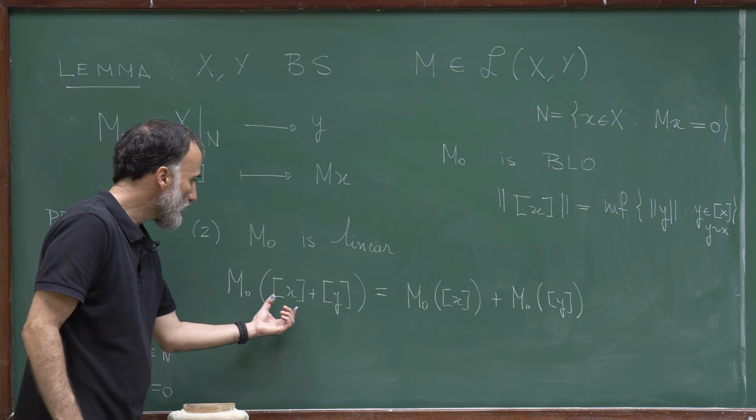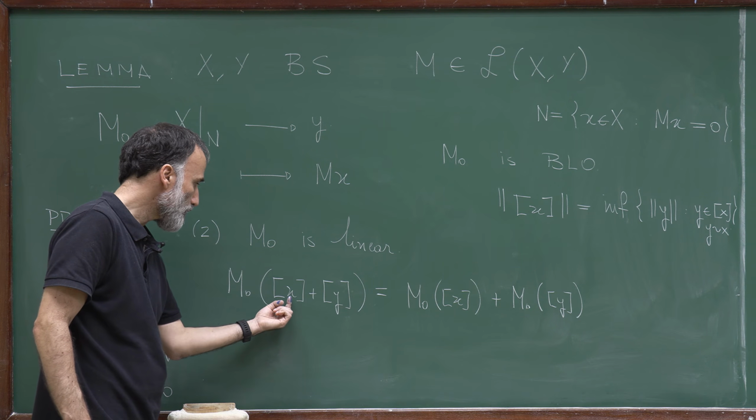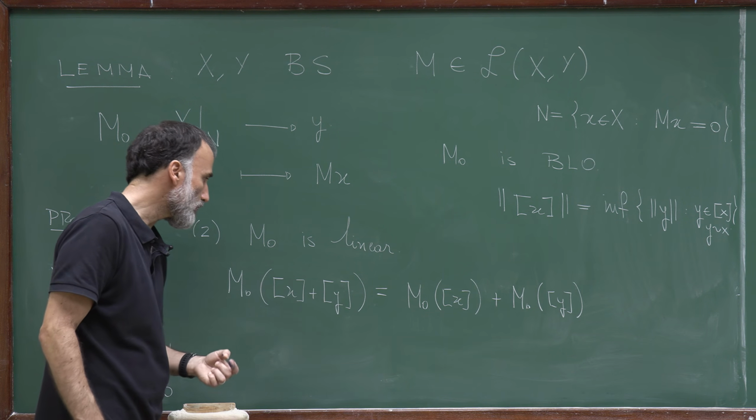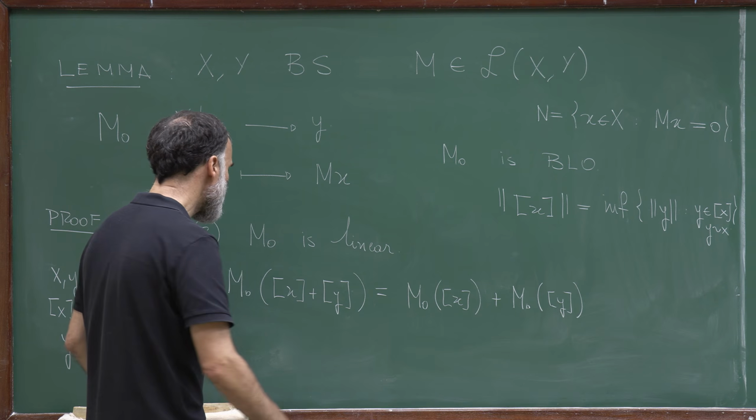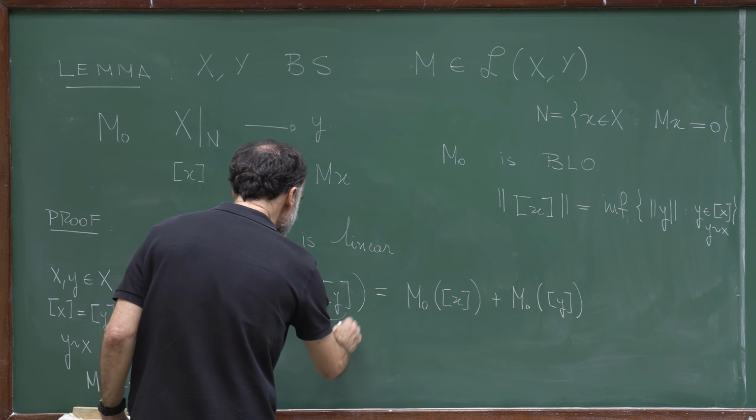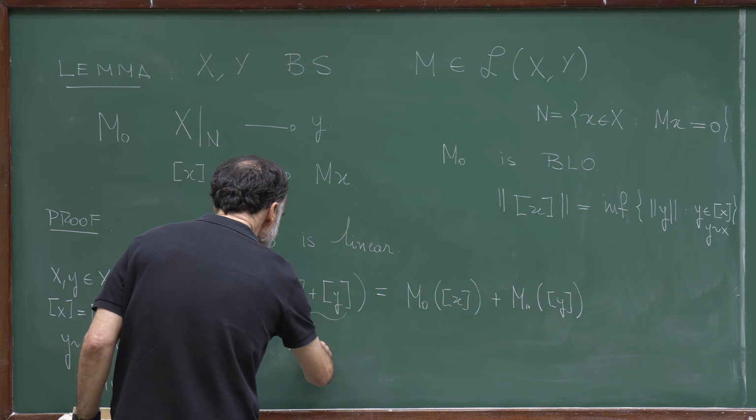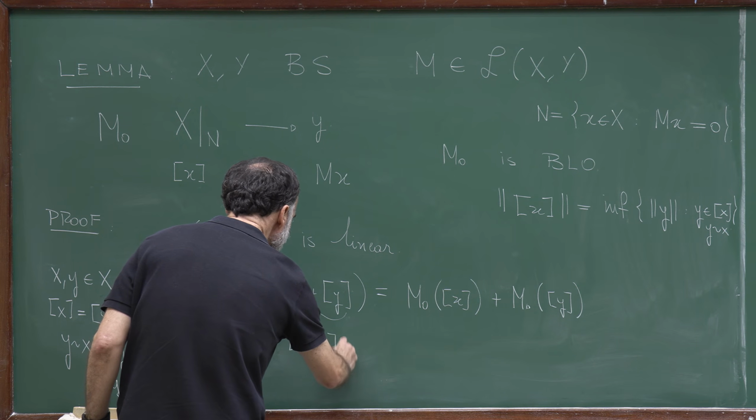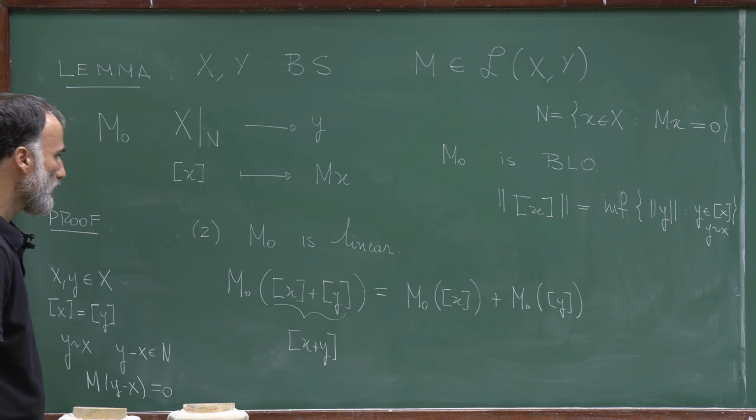We know that if I take an equivalence class and another equivalence class and sum these two equivalence classes, this is equal to the equivalence class of the sum x plus y.